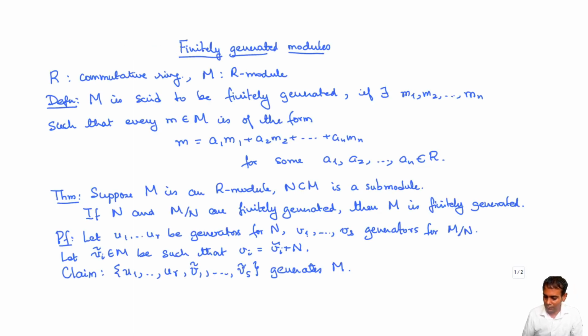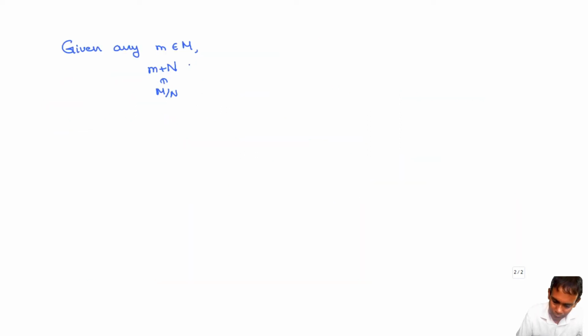So take any given m in M, so its image in M mod N is m plus N. This is an element of M mod N, and because v1, ..., vs generate M mod N, m plus N is of the form a1 v1 plus ... plus as vs. And so that means that m is of the form a1 v1 tilde plus ... plus as vs tilde plus some element n of N.